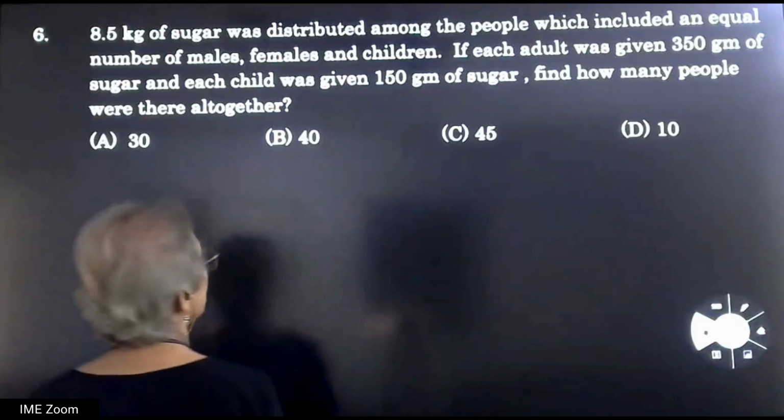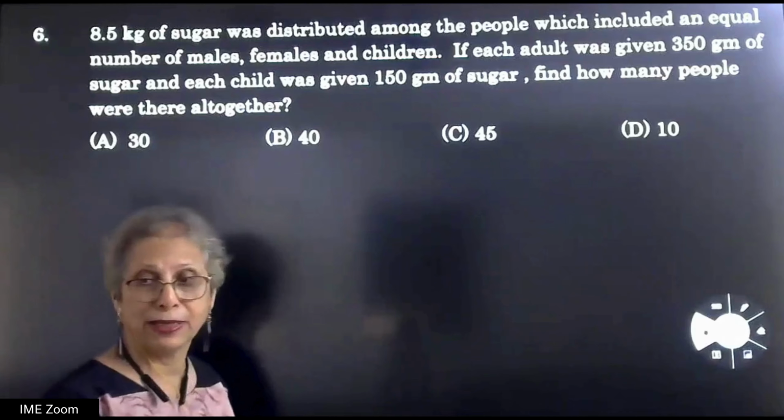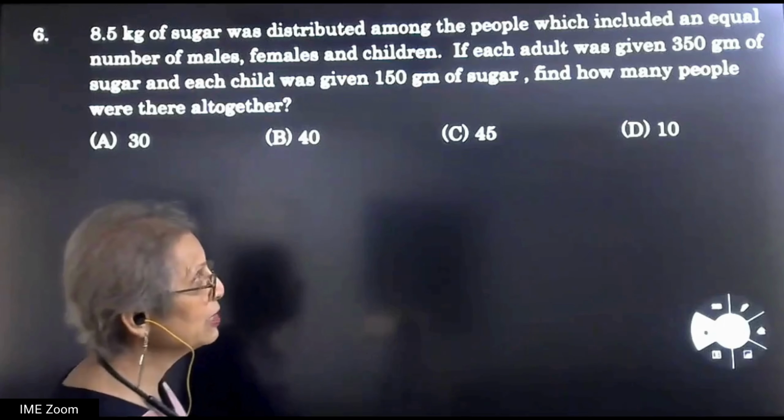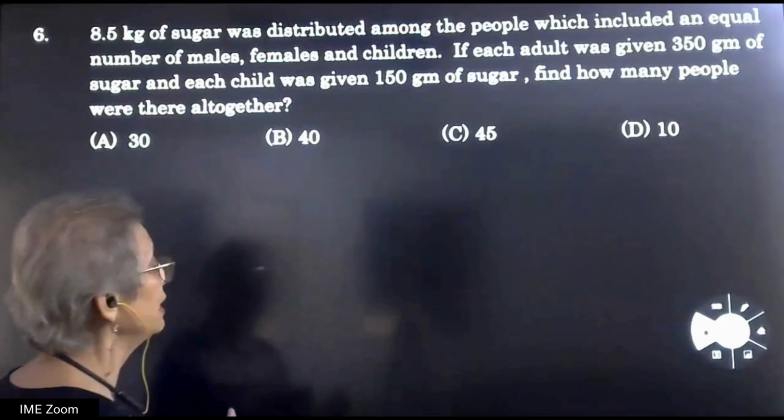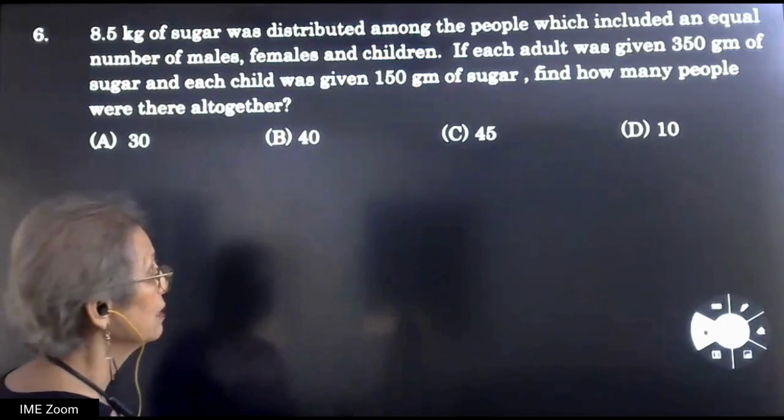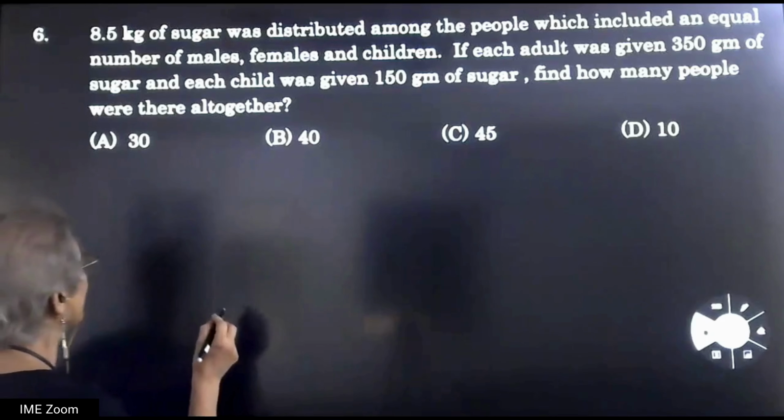8.5 kg sugar was distributed among people, which included an equal number of male, female, and children. Okay, let us take equal number.